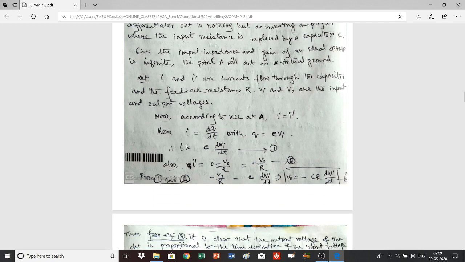So I can be calculated from this relation that I is equal to C into dVi by dt, and writing this as equation 1.